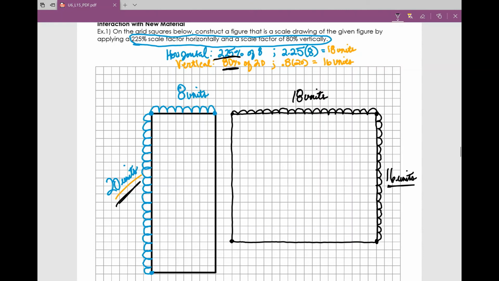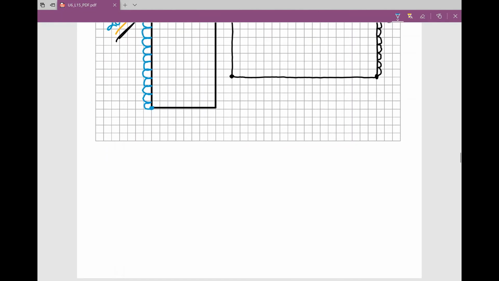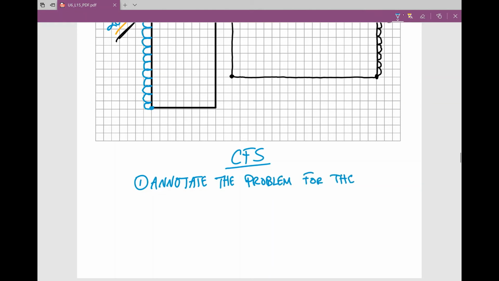So let's go over the criteria for success so we can do this right every single time. The CFS says that, number one, we annotate the problem for the scale factor and its effect, meaning if it enlarges or if it reduces or shrinks.